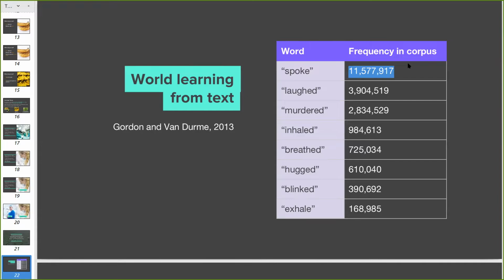That's because the things that we naturally do, which are kind of trivial, are not really talked about or mentioned in a collection of text corpus. But it's different when it comes to words like murdered or laughed or spoke. They are found in higher frequencies than words like breathed or hugged, which are kind of typical.